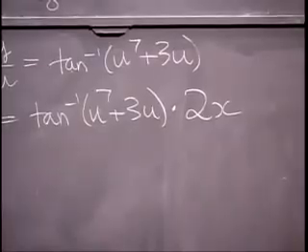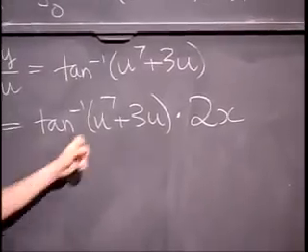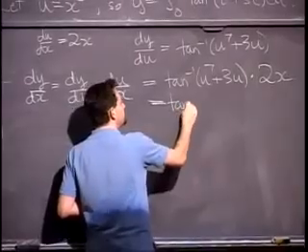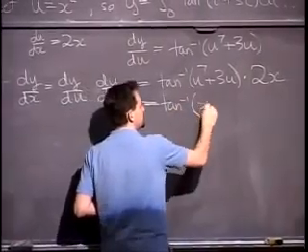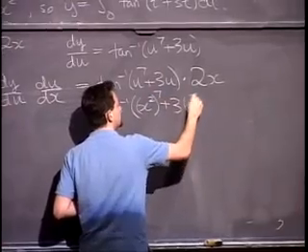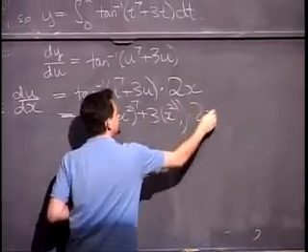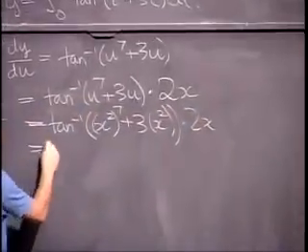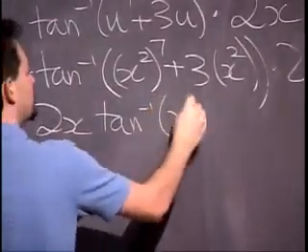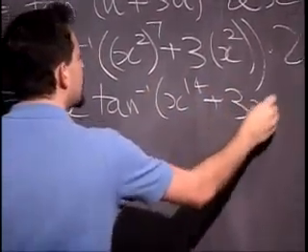All we have to do is get rid of these u's, go all the way back to x's. And since u equals x squared, this is x squared to the 7th plus 3x squared. And we can write this as 2x inverse tan x to the 14th plus 3x squared.